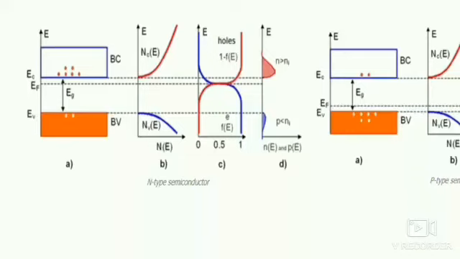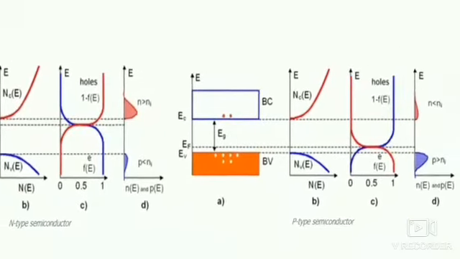The excess free electrons, the majority carriers, are obtained only by the process called doping. So in figure D of n-type, we can see the red shaded portion, which is the electron concentration, larger than the hole concentration, stated as n greater than the intrinsic carrier concentration Ni, and the hole concentration p less than the intrinsic carrier concentration Ni.